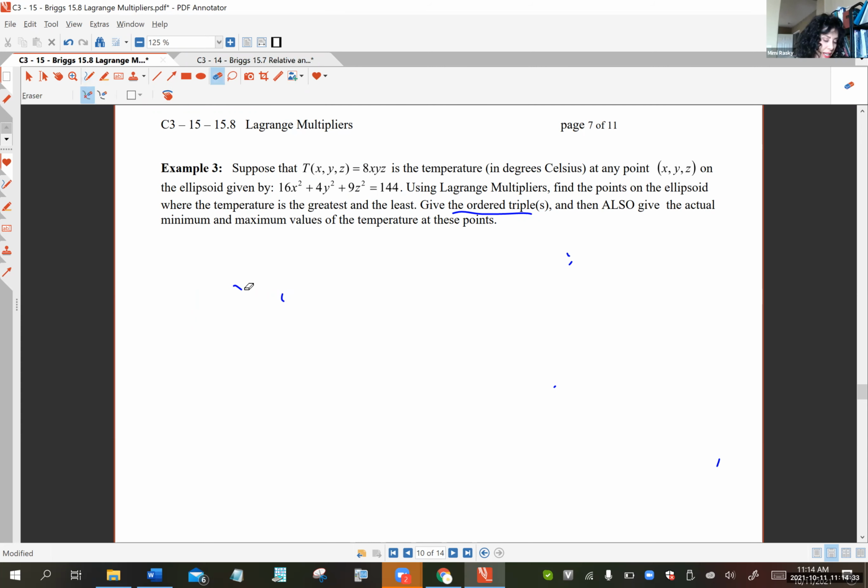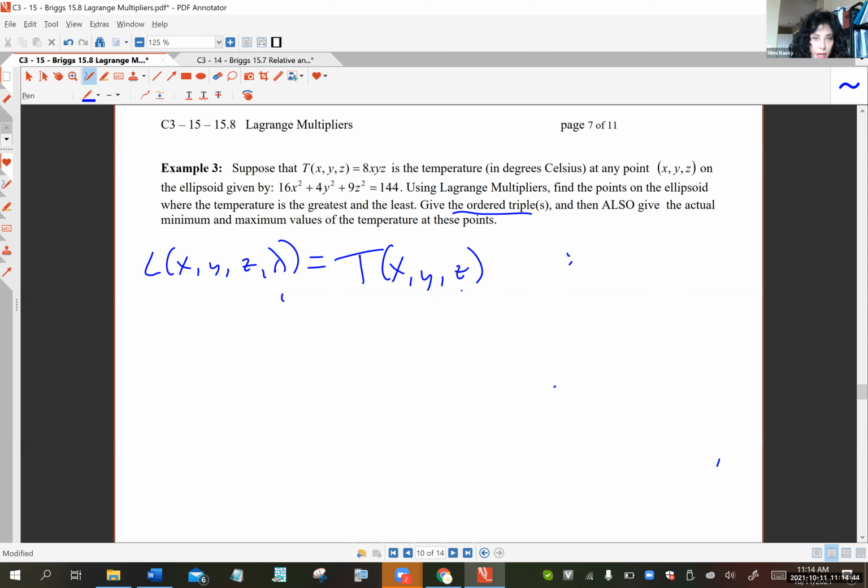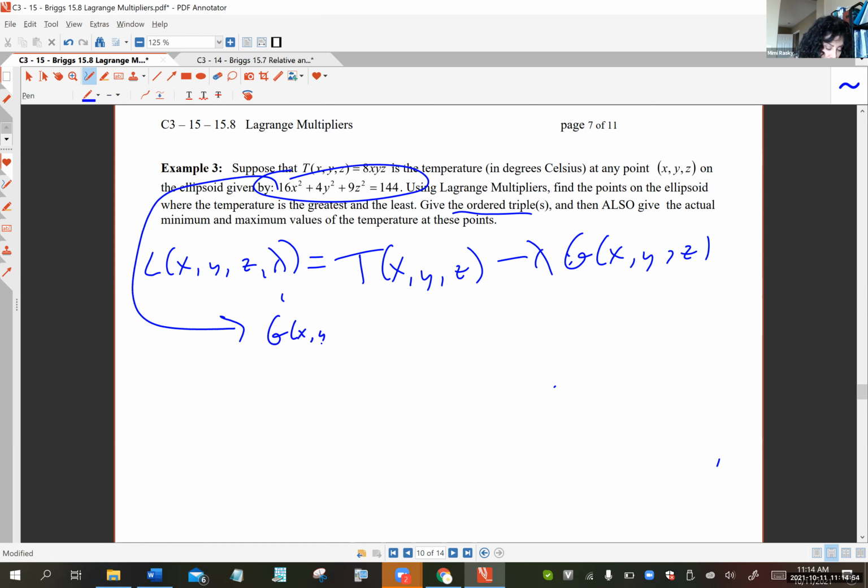Okay, so here we go. I'm going to first write the big Lagrangian function, which is L of x, y, z, lambda, and that's going to be our temperature function, the one we're trying to optimize, maximize and minimize, minus lambda times our constraint, big G. Now, who is big G? That's the planet. I'm going to rewrite big G where everything is on one side and 0 is on the other, because that's the technique.